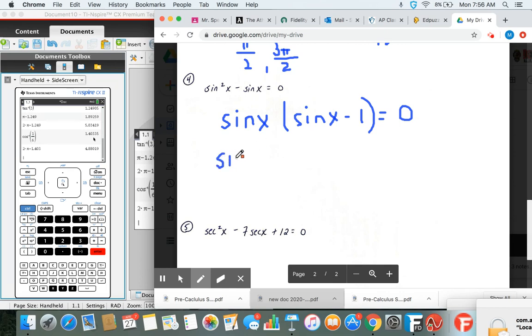Set our factors equal to 0. And we got sine x equals 0 and sine equals 1.